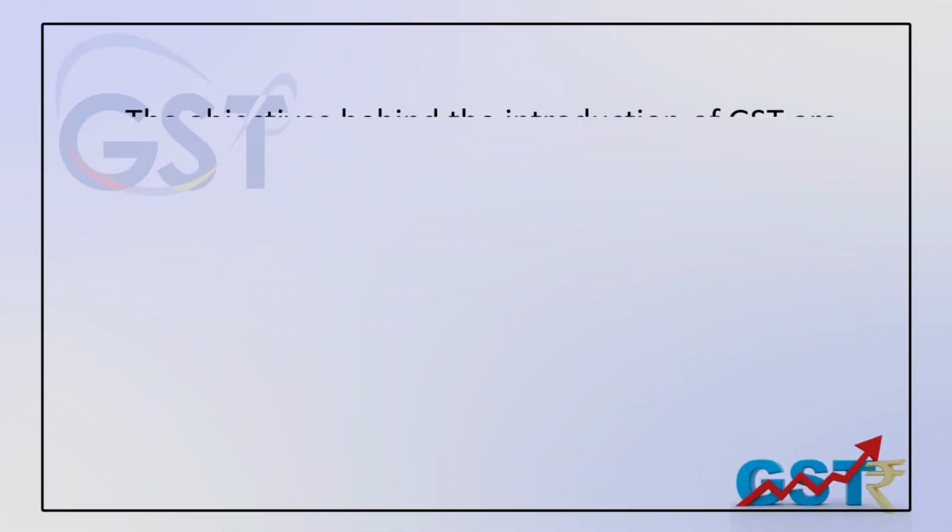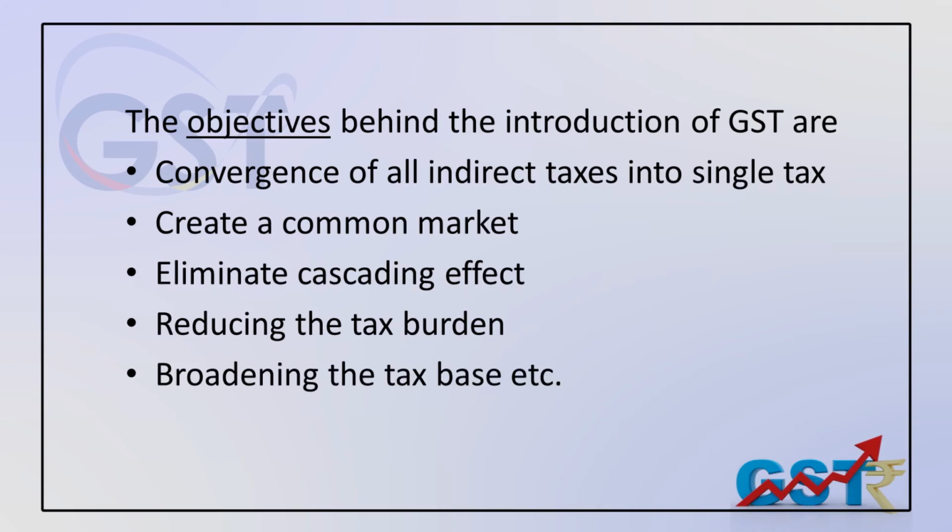Now why has the GST been introduced in our indirect tax structure? There are various reasons. We can summarize. For the following reasons the GST has been introduced. The major objective is to converge all the indirect taxes into a single tax. It will create a common national market. It will eliminate the cascading effect, because I have already told you the tax is calculated on each point of sale, each point of supply, and there is a mechanism of setting off the tax paid in earlier transactions.